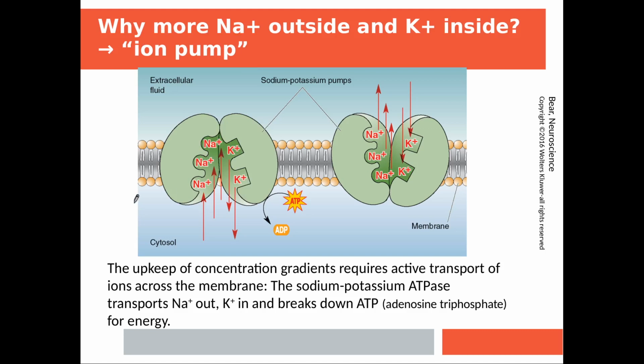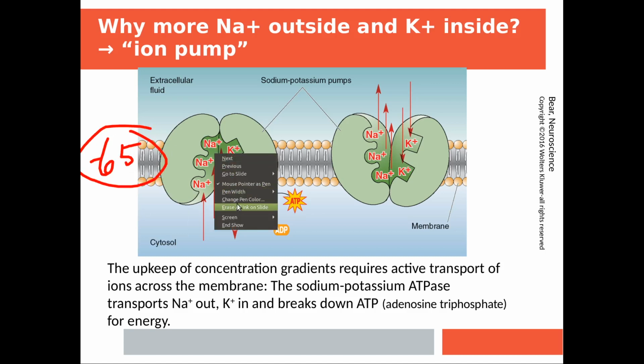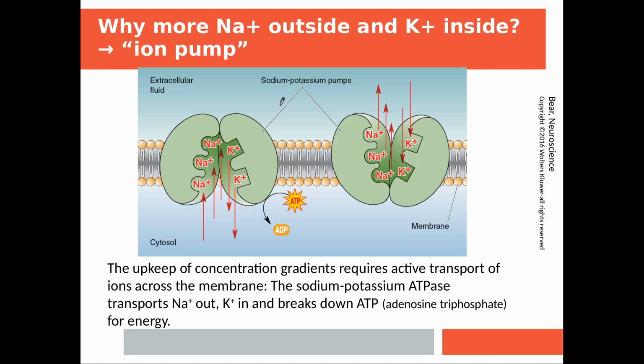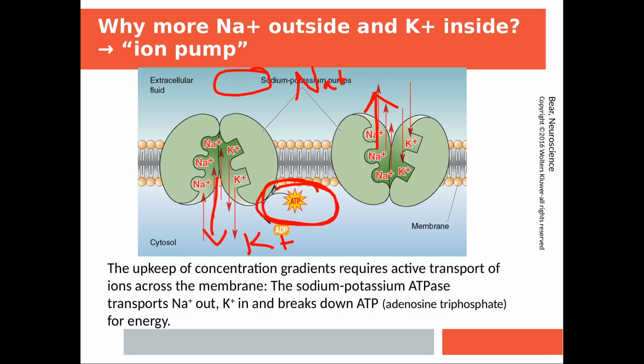The cells want to have the negative potential because that's how cells work. You'll see that they need to have this in order to use the signals that they send to each other. So the way they do that is they force more sodium ions outside, and they force more potassium inside by using energy, ATP, right?